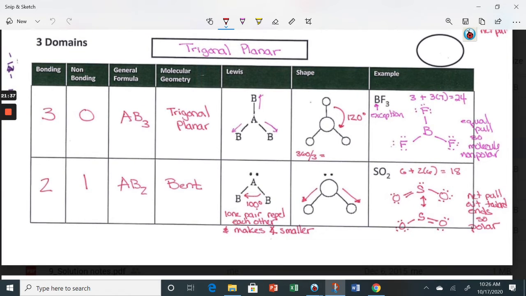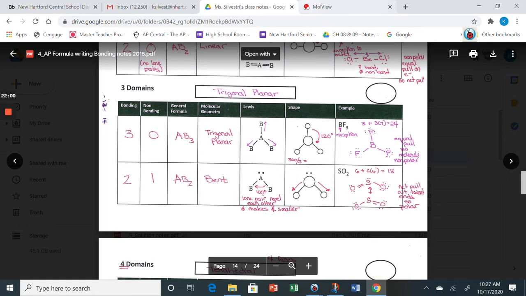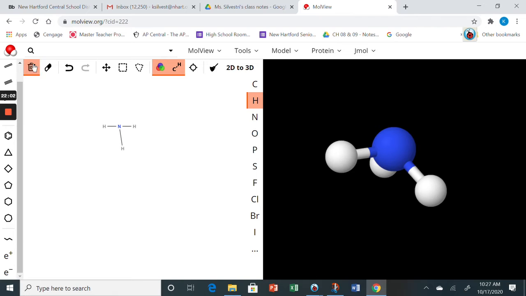So if we look at this one, now this is the one that we've got that exception to the rule for boron, and boron loves to do this. Now remember, atoms want to be as far apart as possible when they make the structure. So if you were to go into your mole view and say, okay, I'm going to erase this.